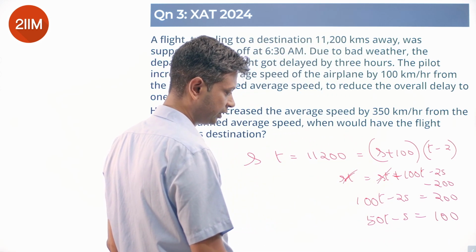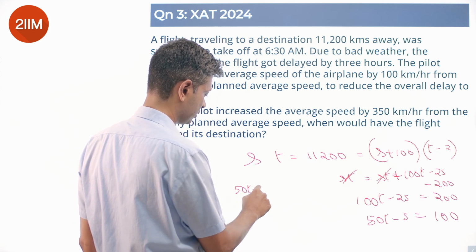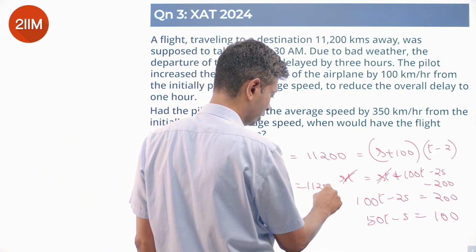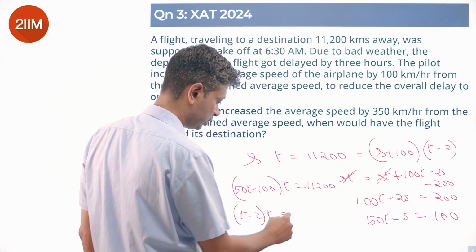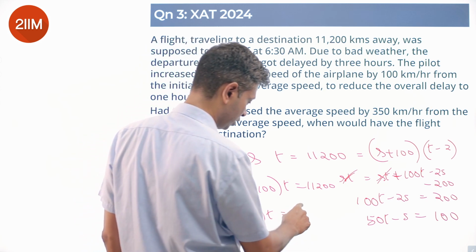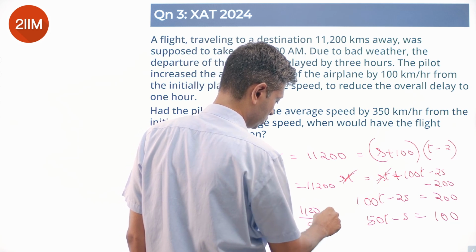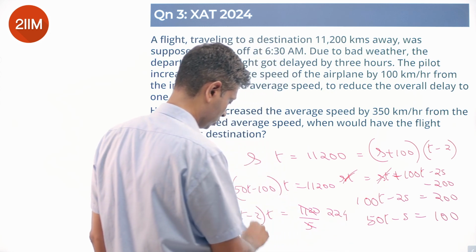S equals 50t minus 100. So 50t minus 100 into t is 11,200. T minus 2 into t is 11,200 by 50, 1120 by 5, 1120 into 2 by 10, which is 224.